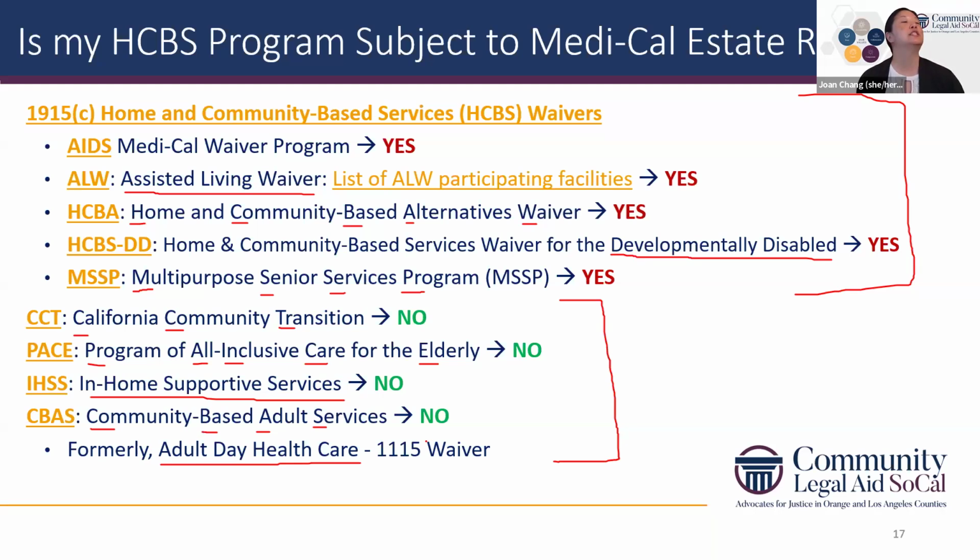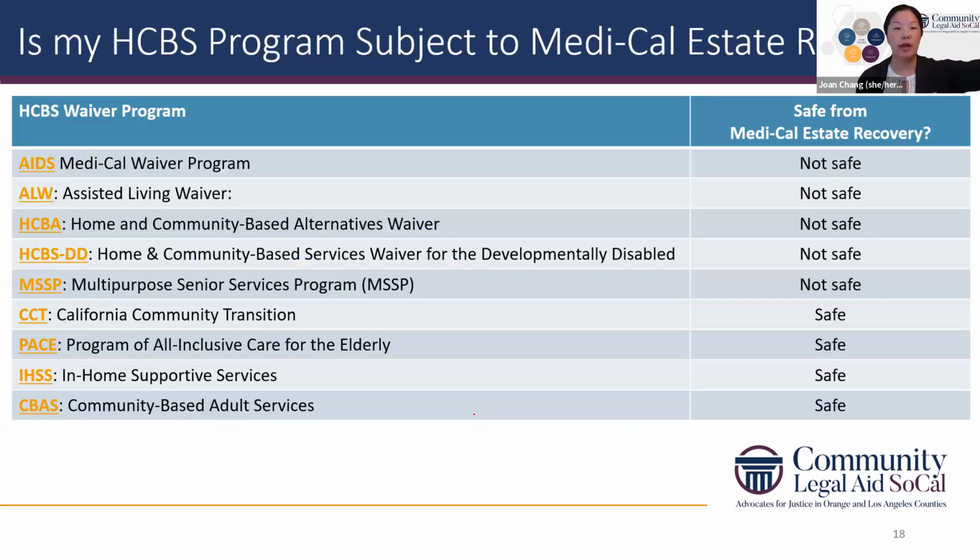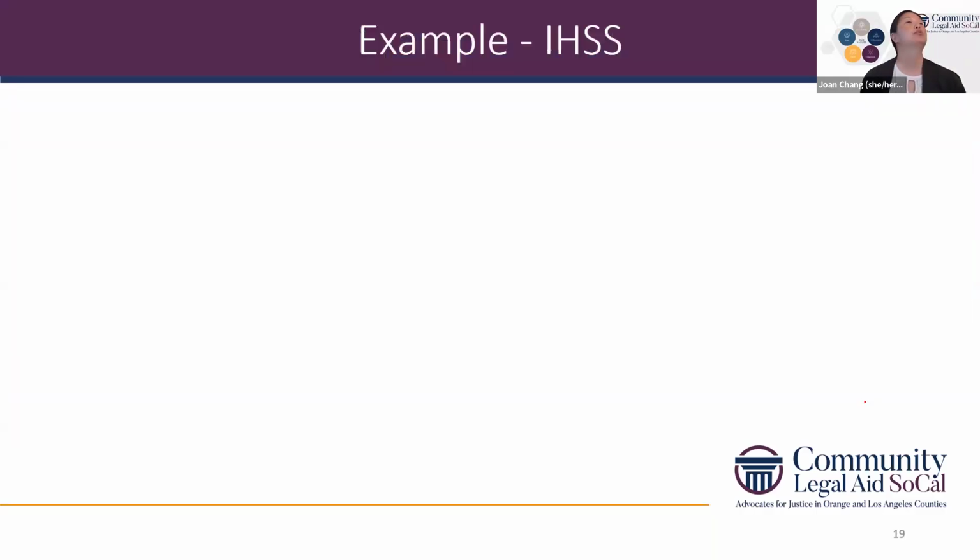Okay, this is the same information, but in a chart format. So again, if you're more of a chart person, this is exactly the same information. For these programs, you're going to have to worry about Medi-Cal estate recovery. For these programs, you don't have to worry about it. You are safe from Medi-Cal estate recovery. Okay, so let's look at an example. Example with IHSS.